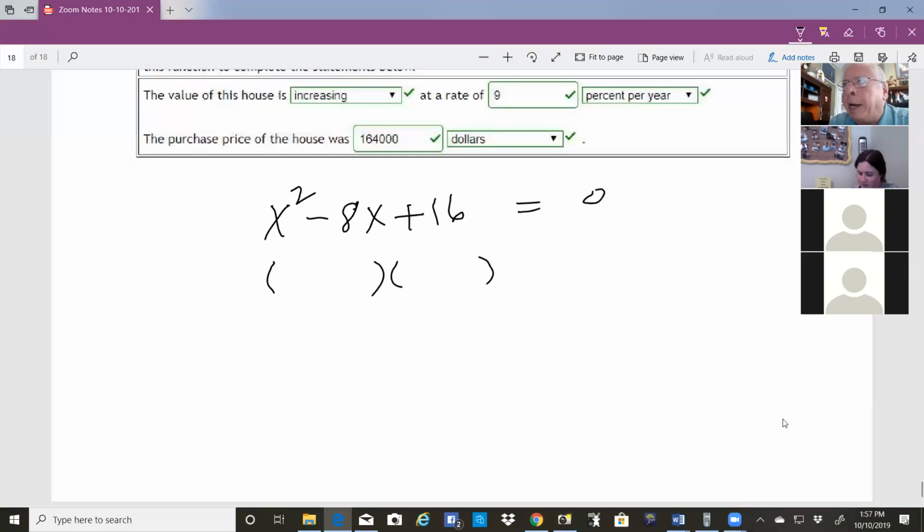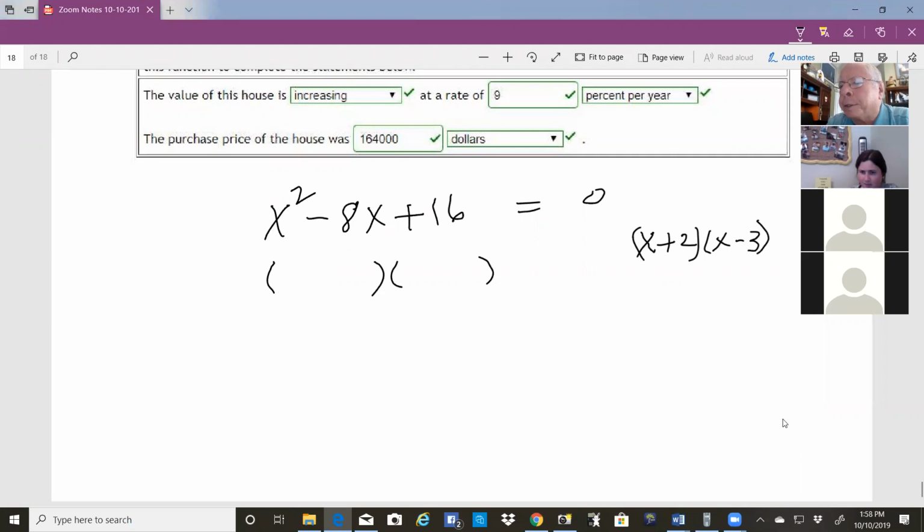Do you remember the idea of foiling? Foiling? Can't say that I do. Okay. First of all, let's foil something. X plus 2 times x minus 3.